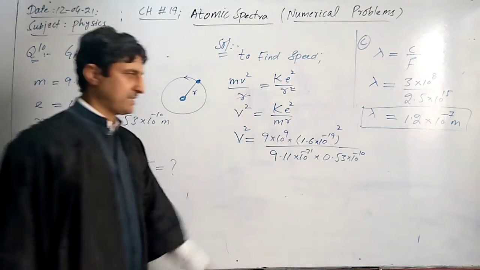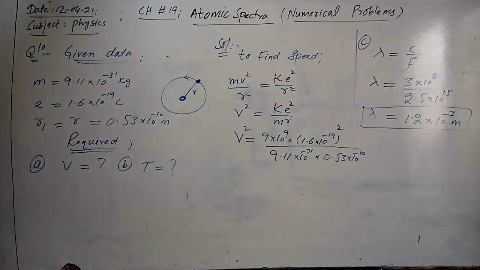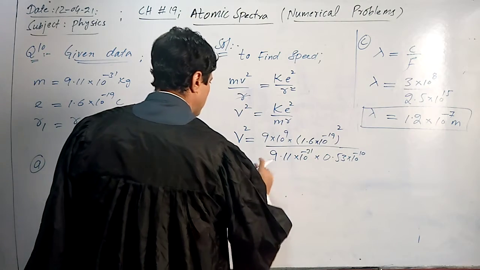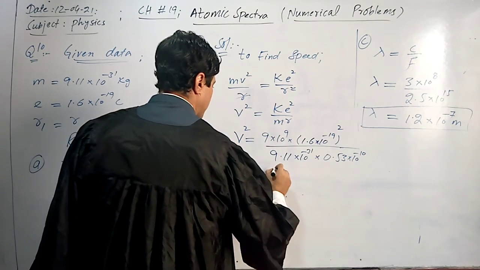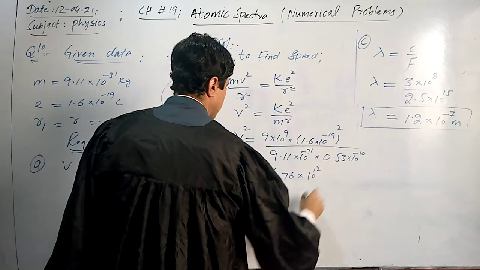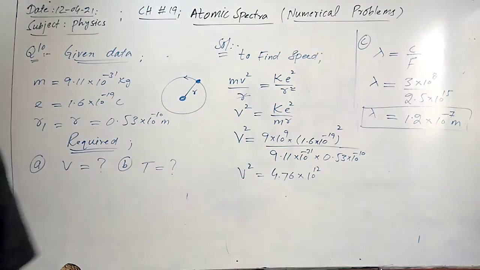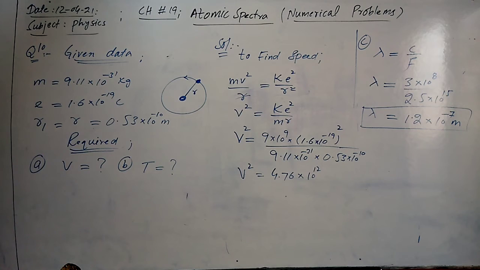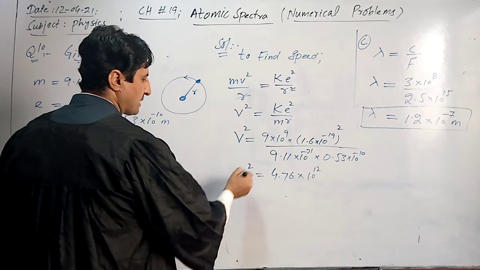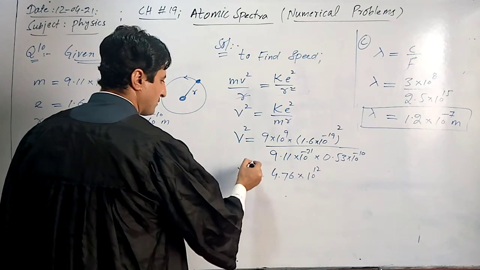Now by performing this calculation, we will get v square is equal to how much? 4.76 multiplied by 10 power 12 meter per second. If you want to calculate the value of v, we have to take the square root on both sides.